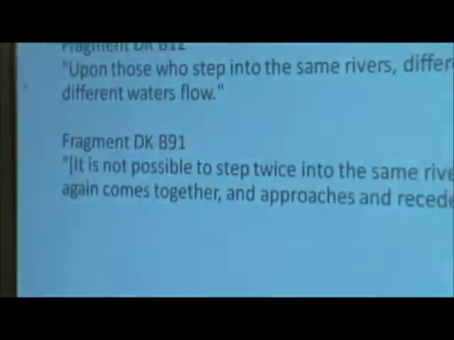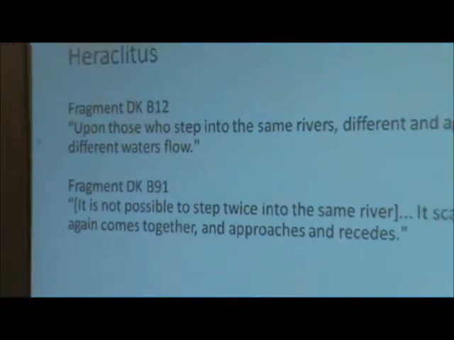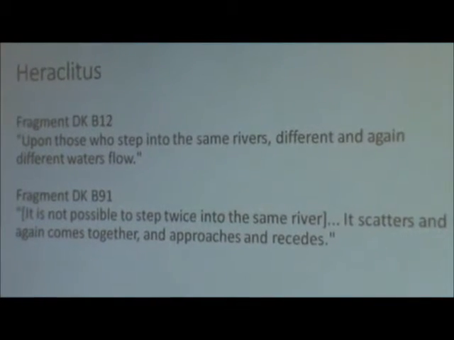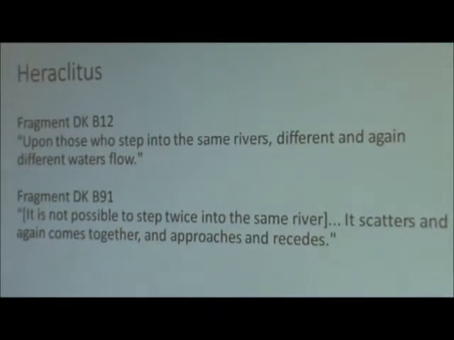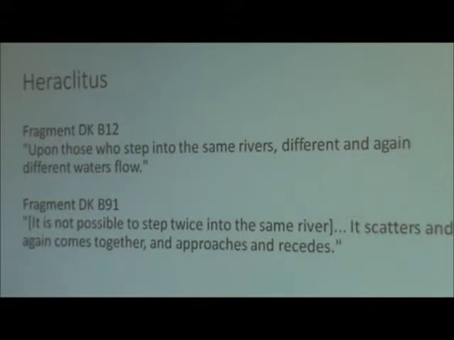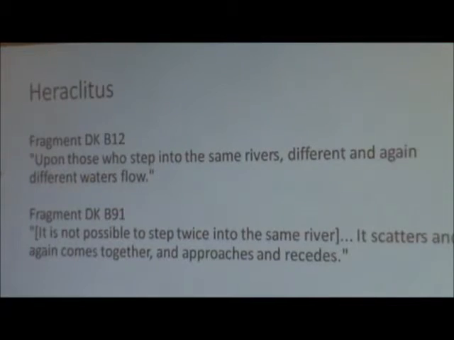So this is what I got. There are two instances where Heraclitus said something similar, but this is exactly how it is translated. If you go to the second quote: it is not possible to step twice into the same river. It decays, again comes together, and approaches and recedes.